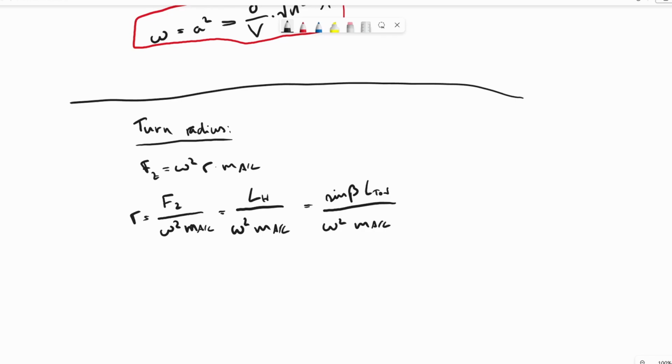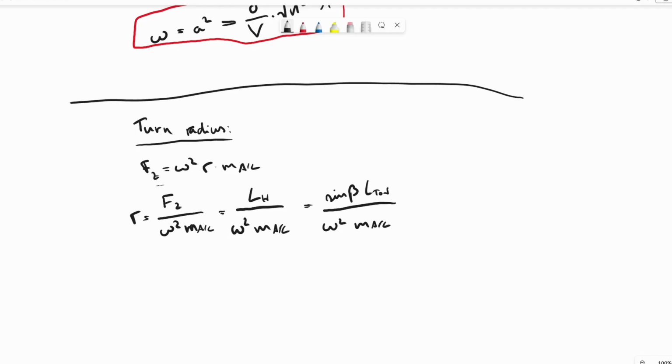Now I've written it out already, because that's what we already know. Our turn radius coming from Newton's equation. We can find this, so because centripetal force is our horizontal lift force, and is hence this.